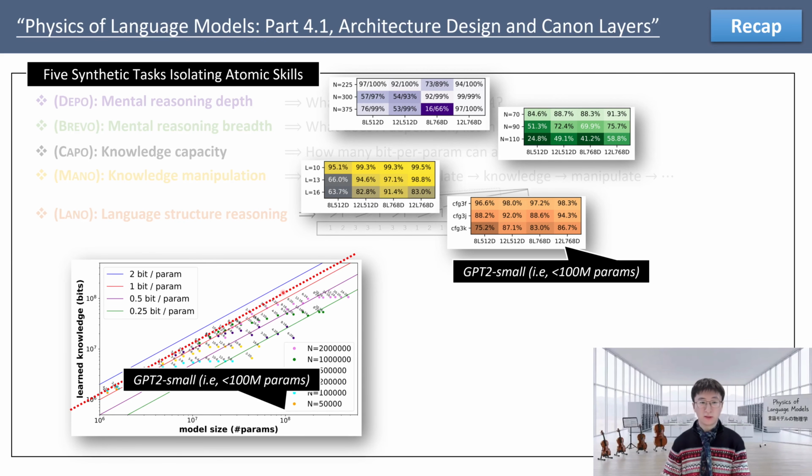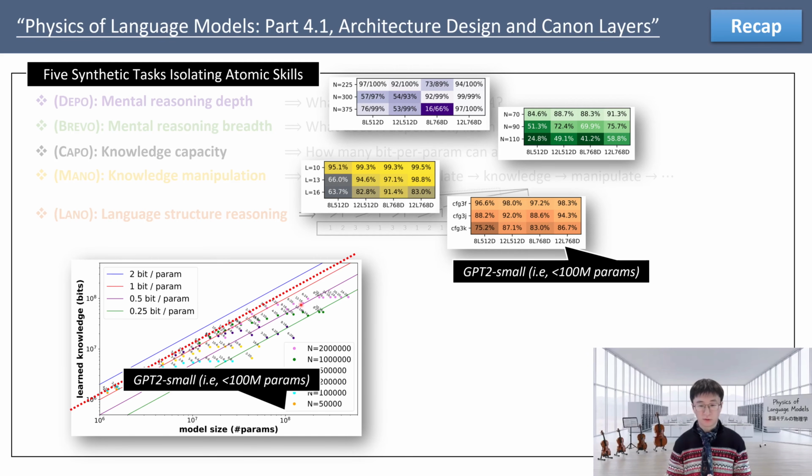But the good news is, once again, thanks to this synthetic task design, it's not real-life data that is too messy, it's synthetic, perfect data. Then you can compute this frontier line without ever needing to look at models that are larger than 100 million parameters. That turns out to be more than enough for you to very accurately measure this frontier line.